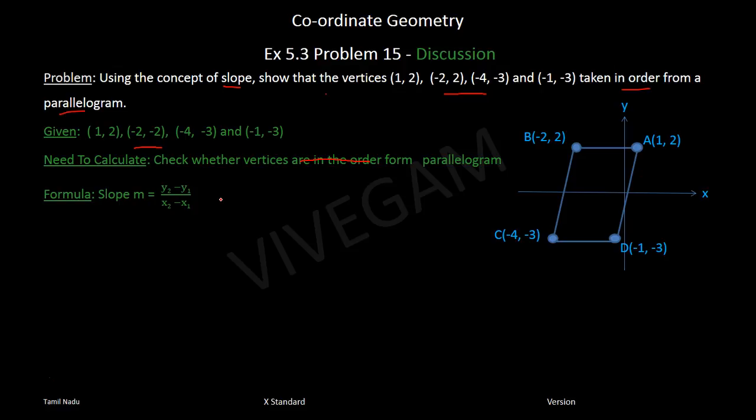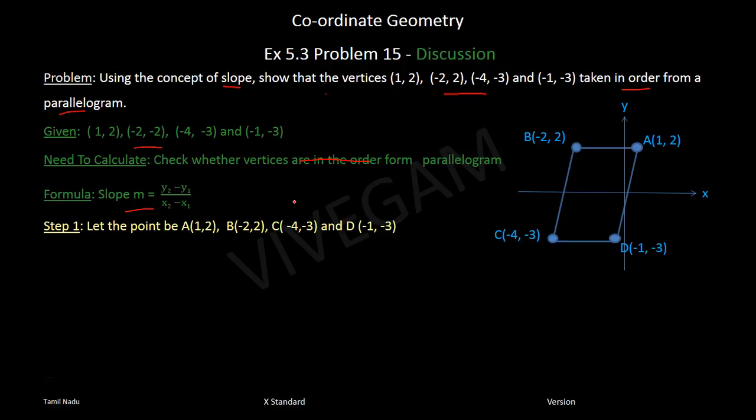We have to check whether the opposite sides are parallel. How will you check whether the sides are parallel? We check whether their slopes are equal. If the slopes are equal, they are parallel. That's why I'm using the slope. So we have to check whether the opposite sides are parallel.